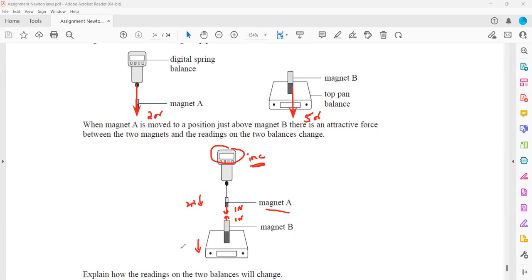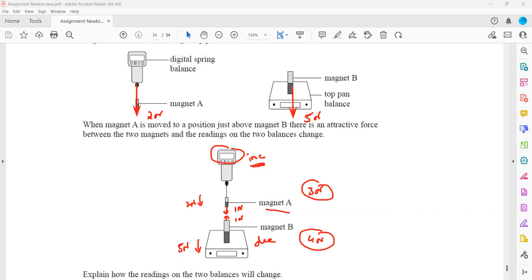There's a weight of 5 Newtons acting downward and an upward 1 Newton because of the magnetic force of the magnet. As a result, there will be a 4 Newton resultant force. Here, the resultant force is 3 Newtons. That's why the reading on the digital spring balance will increase and the reading of the top pan balance will decrease.